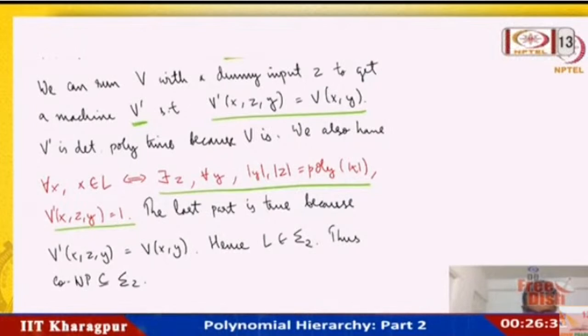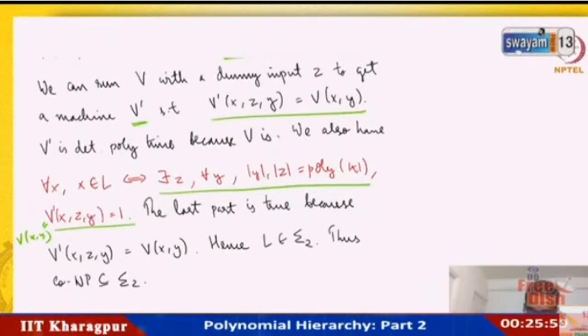V prime of X, Z, Y will simply be V of X, Y, which is what I have written over here. So the existential quantifier for Z doesn't really come into play. Whether V prime of X, Z, Y is equal to 1 or not only depends on X and Y. It does not depend on Z.